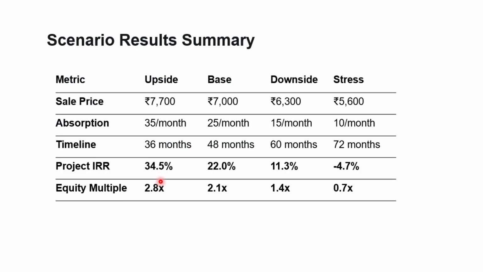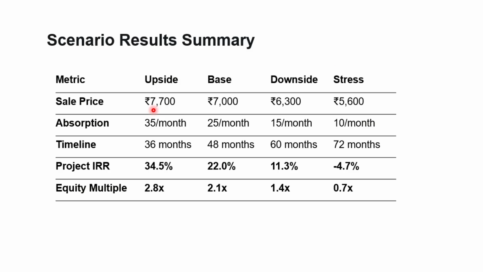So, in the upside scenario, sale price reaches 7,700, absorption accelerates to 35 units per month, and time compresses to 36 months. The result is 34.5% IRR and 2.8 times equity multiple, exceptional return that justifies the risk.